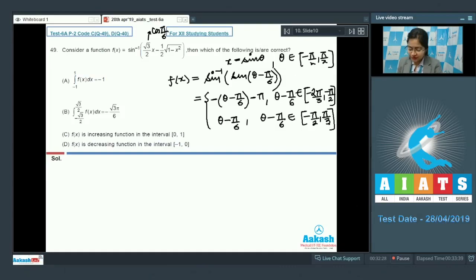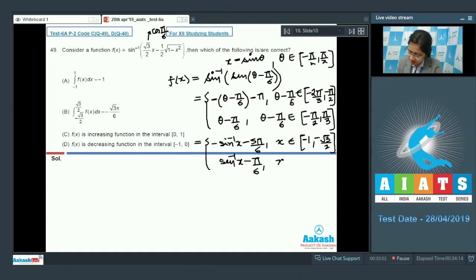Now putting back the value of theta, this will be equal to minus sine inverse x minus pi plus pi by 6, that is minus 5 pi by 6. Similarly here putting the value, we will get x belonging from minus 1 to minus root 3 by 2, and it will be equal to sine inverse x minus pi by 6 when x goes from minus root 3 by 2 up till 1. So this is our function f(x).